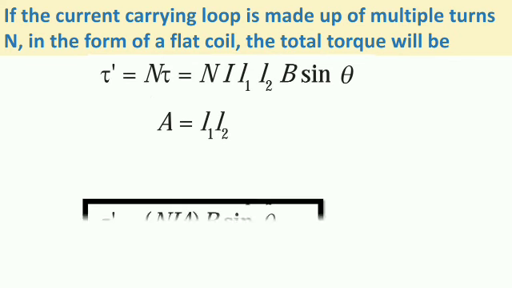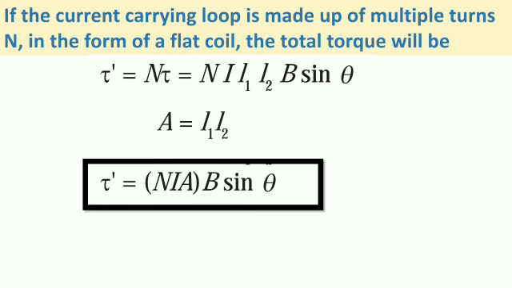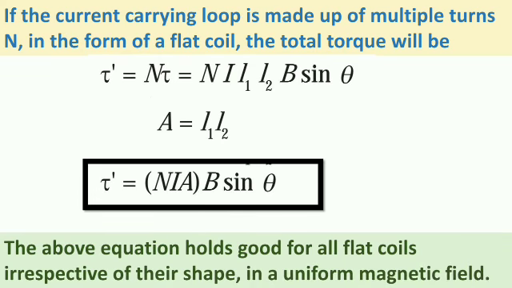Now L1 and L2 are the sides of the loop, so L1 times L2 is the area. Instead of writing L1 and L2, we can write the final torque as N I A B sine theta, where N is the number of turns, I is the current, A is the area of the loop, B is the magnetic field strength, and theta is the angle between the magnetic field and the normal to the loop. The above equation holds good for all flat coils irrespective of their shape in a uniform magnetic field.